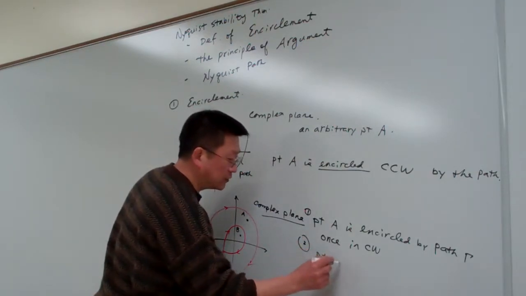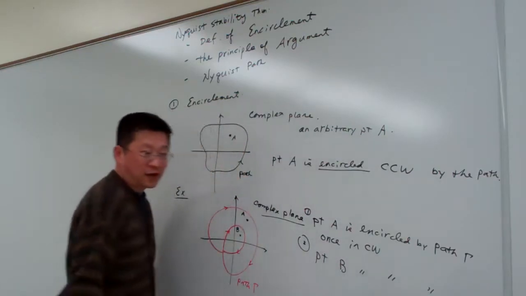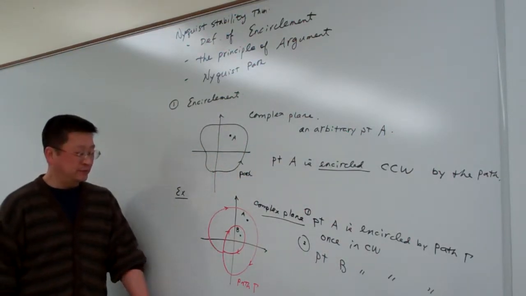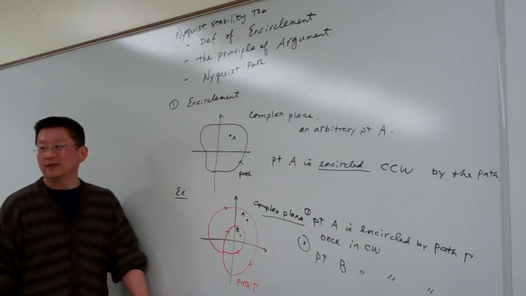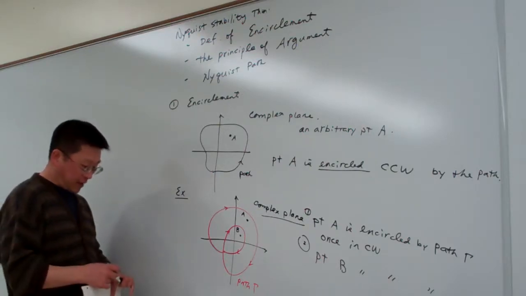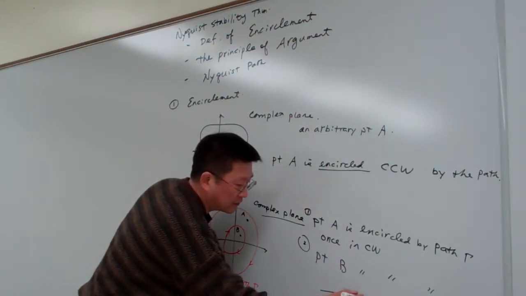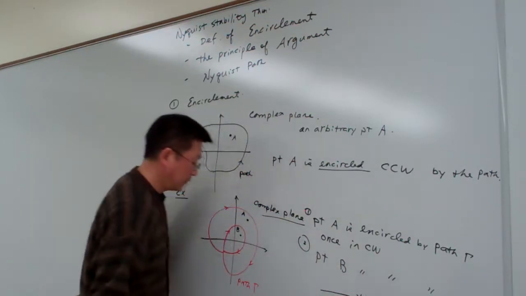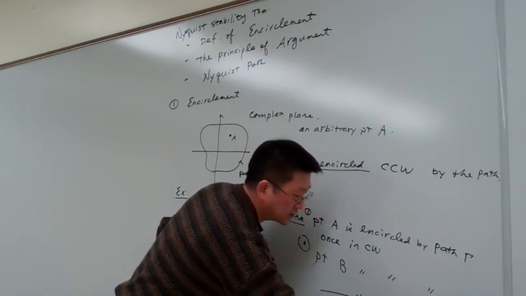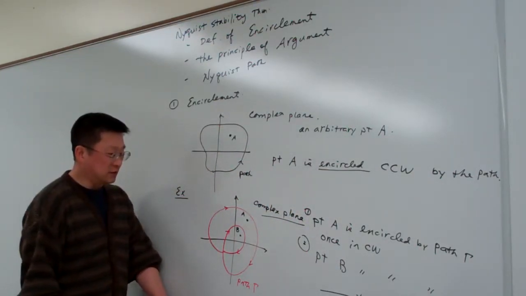And then point B is encircled by the path how many times, and in which directions? Here I'm going to show you the way to tell. Here is the quickest way.